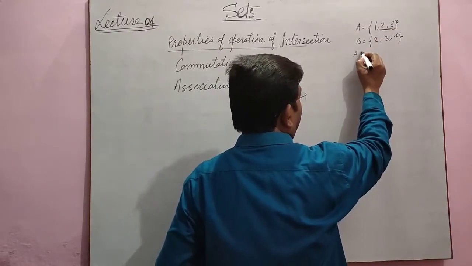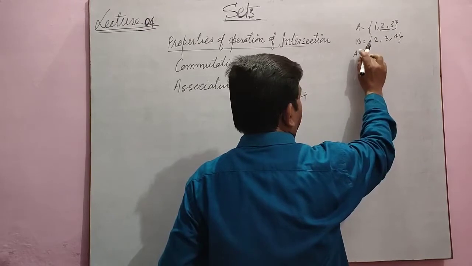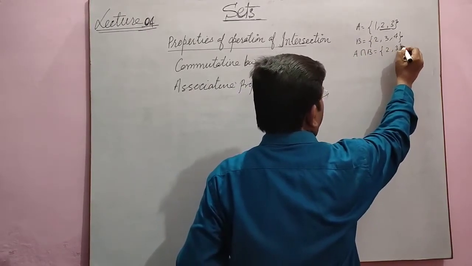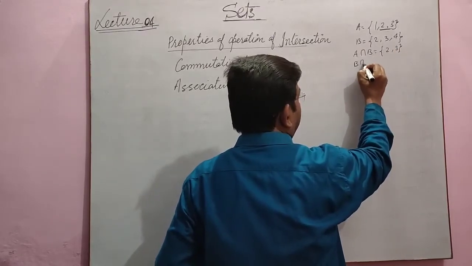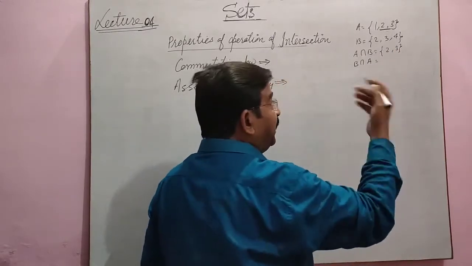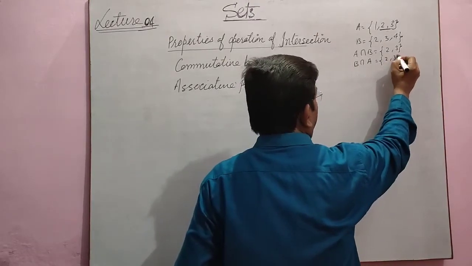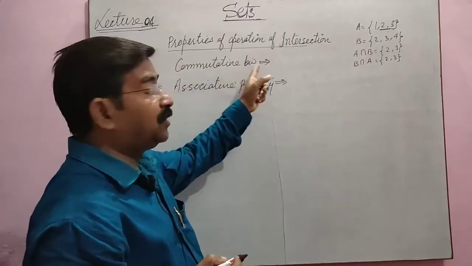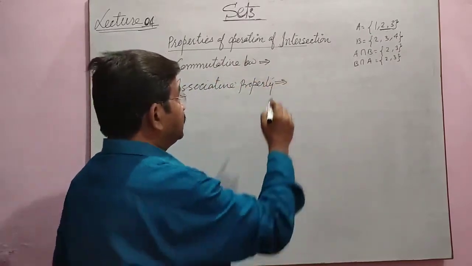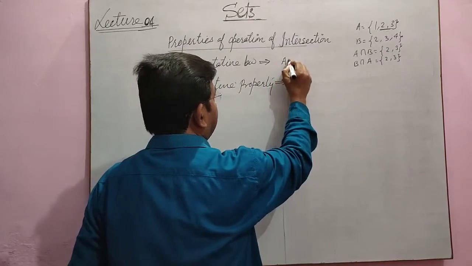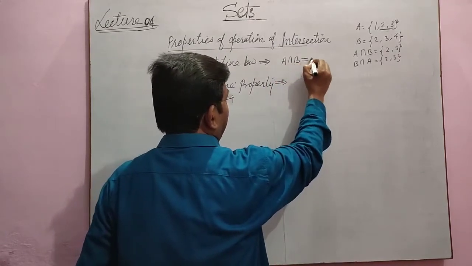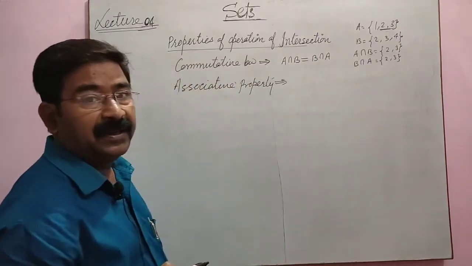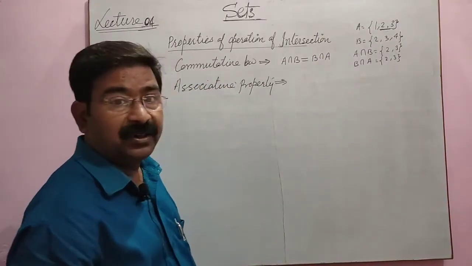A intersection B gives 2 and 3. B intersection A, common in B and A, gives the same result, 2 and 3. It means the commutative law holds good. We can write A intersection B is the same as B intersection A.